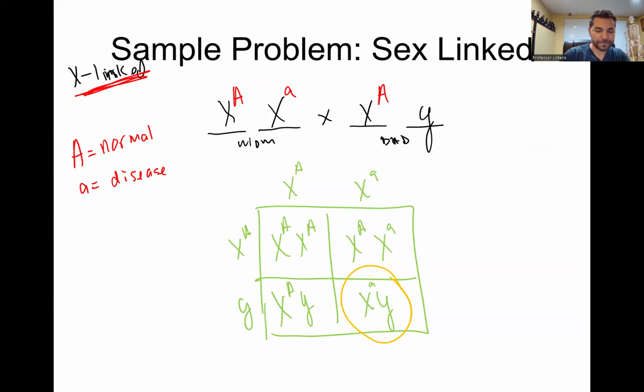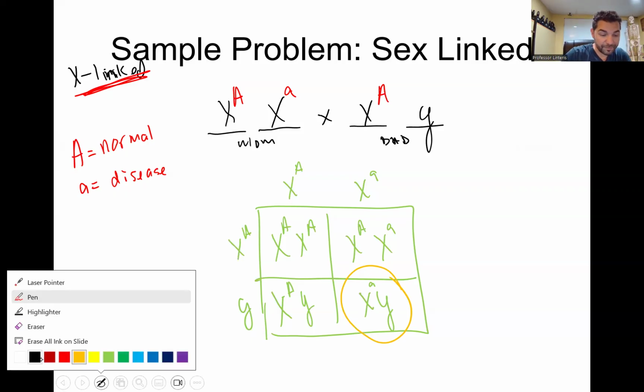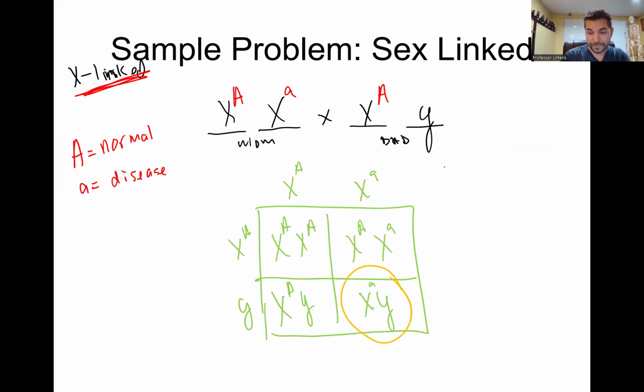So what are we looking at? We could do our genotypic frequencies or our genotypic ratios, right? Genotype, it would be 25%, 25%, 25%, 25%.